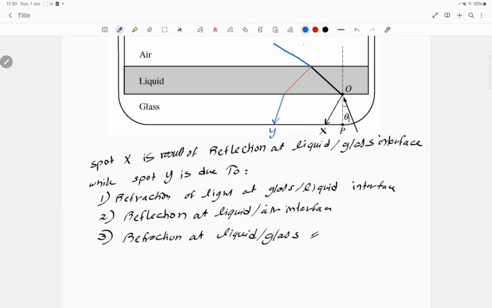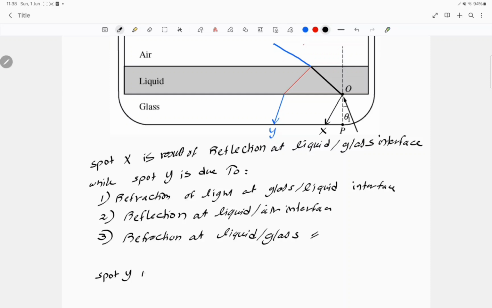So you're also losing some light intensity there. Now we covered the cause for spot X and the cause for spot Y, and why spot Y is going to be less bright.